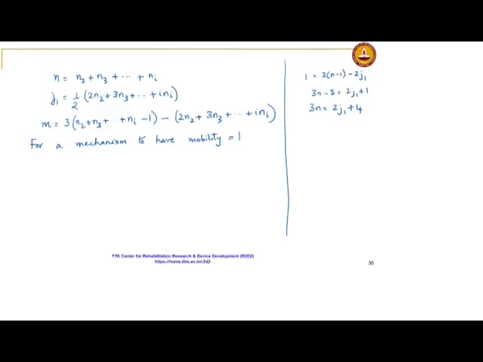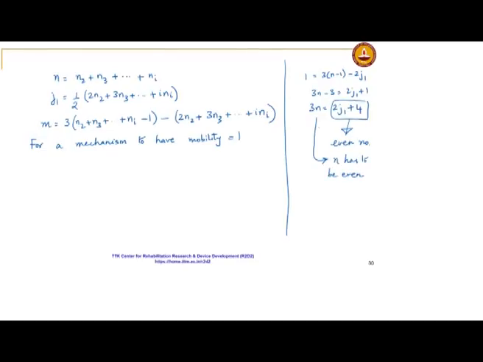First off, this tells me j1 is an integer. So, what kind of a number will this be? If it is a valid linkage, 2 j1 plus 4 is an even number, which means n has to be even.